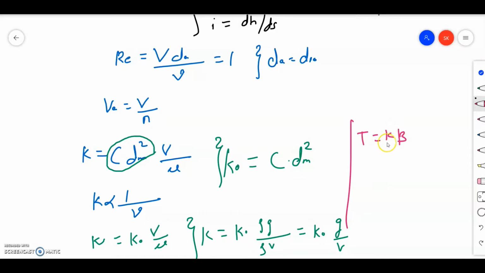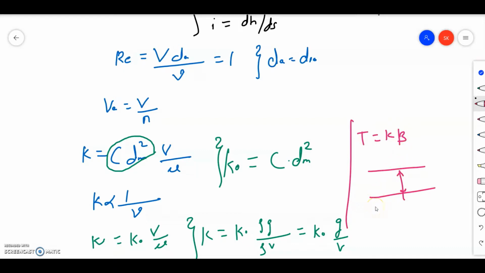K is the coefficient of permeability and B is the thickness of the aquifer. Suppose this is the aquifer, so this represents B, the thickness, and K is the permeability or coefficient of permeability through this porous medium. So through which we can find out the transmissibility as well.